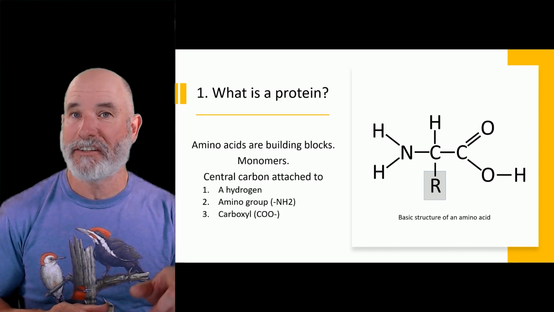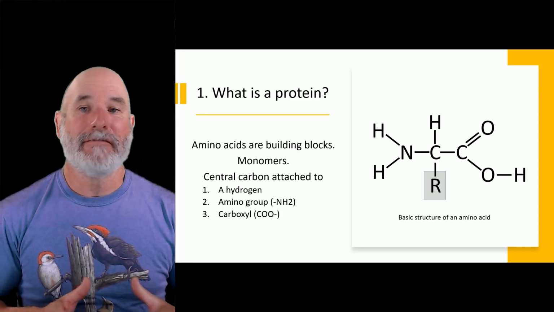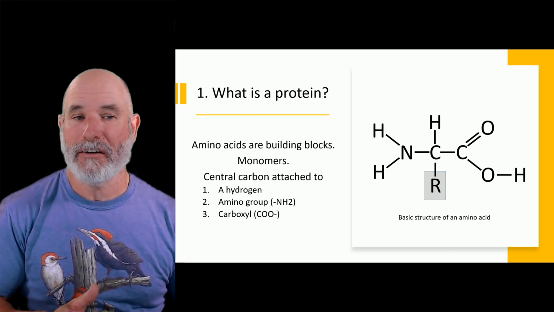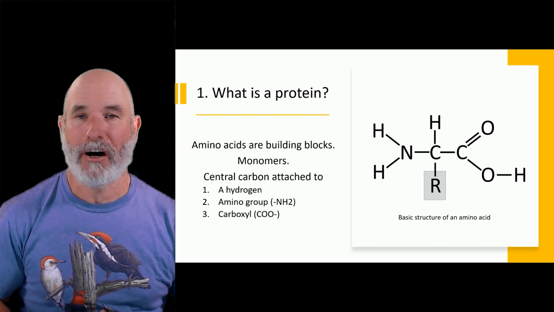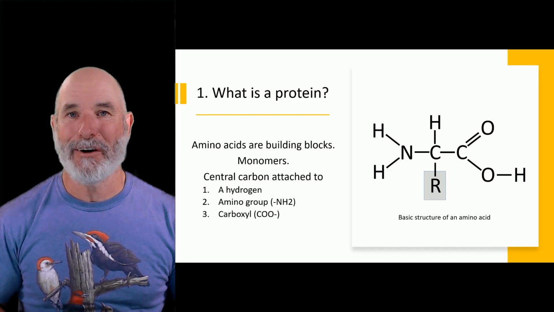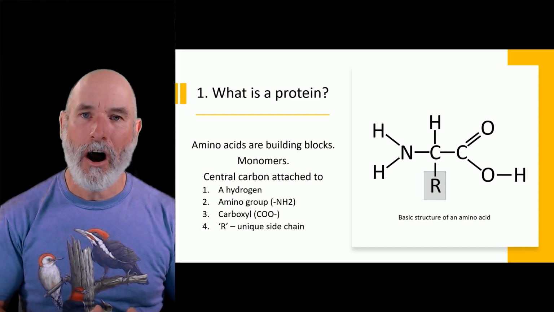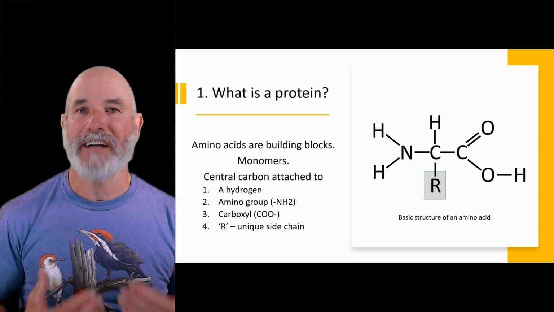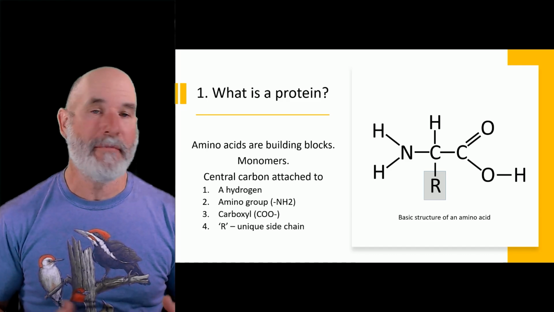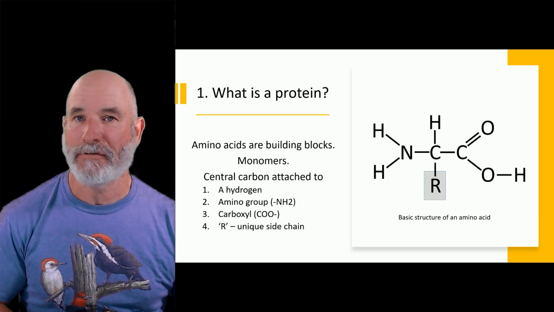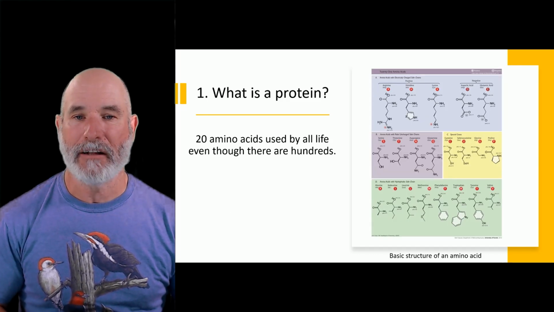Now, you notice I have COO minus. That is actually more correct inside of our cells because usually that hydrogen pops off that carboxyl group and goes around and is attracted to that nitrogen. And the R, that is the side chain that determines the type of amino acid. That does not stand for any particular type of element.